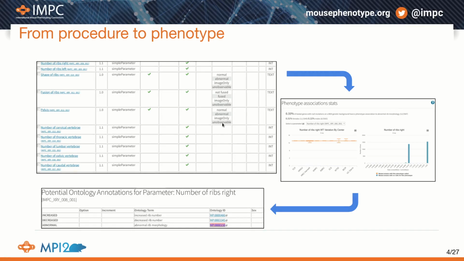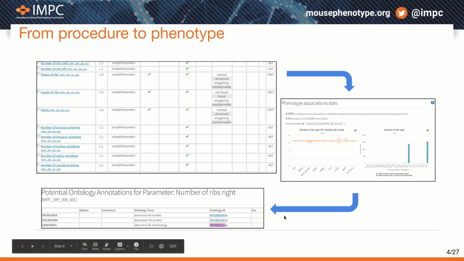And this is just an example of going through a procedure. So we have the parameters for the procedure. In this case, you can see we've got the number of ribs on the right, number of ribs on the left, shape of the ribs, etc. And we get numbers for these from the images of X-rays, and then we pass those through our statistical machine, and that lets us know if it thinks that there is a difference by looking at the wild type controls and then the values for the males and females of the knockouts.